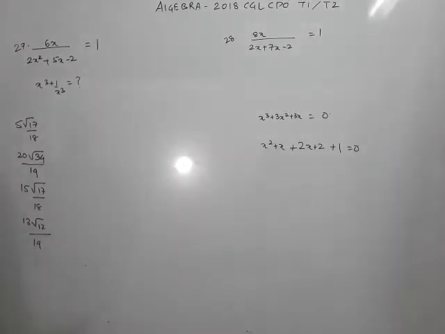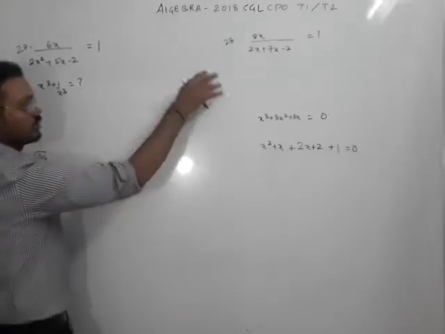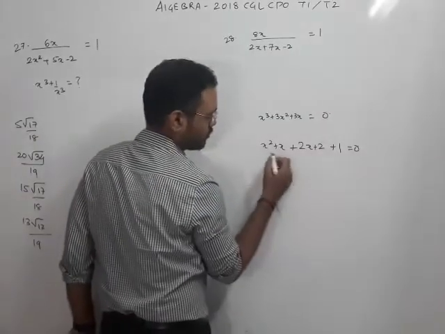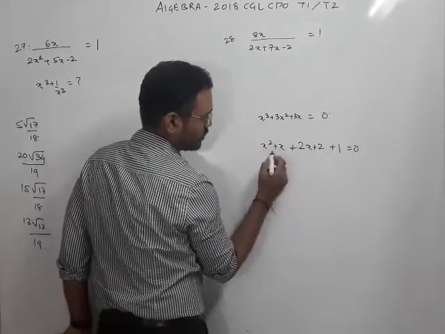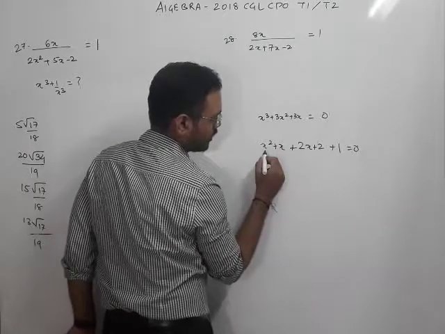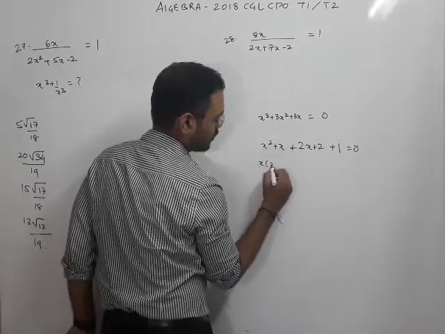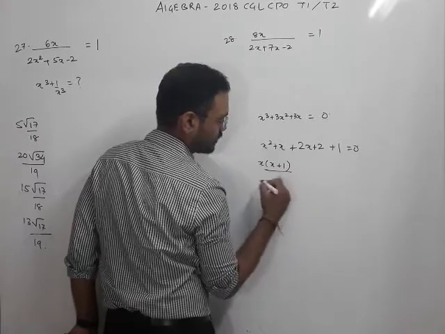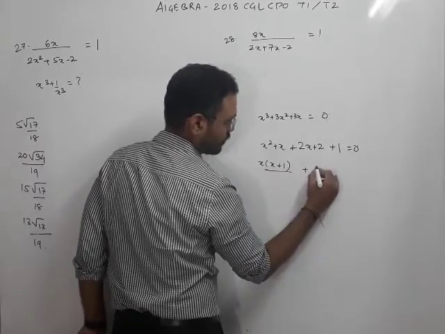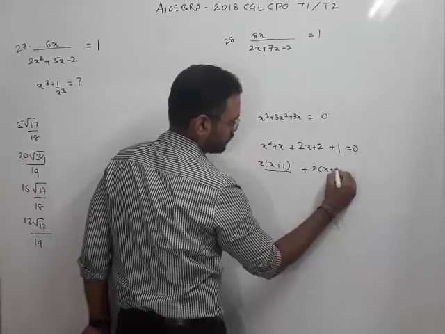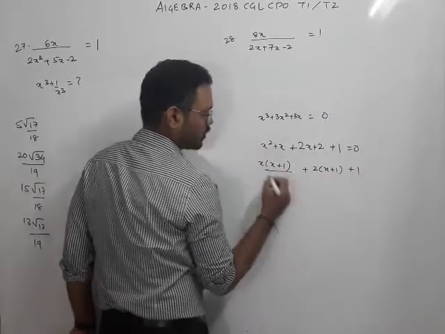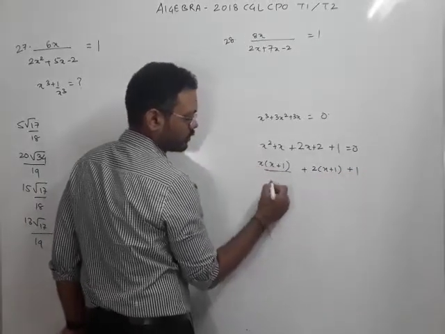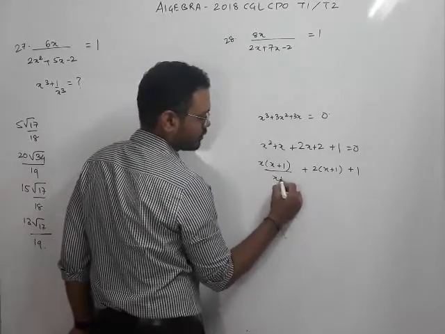Alright, so these are my next two questions. In the previous one, the mistake was that we have to take x common here. I made a mistake of dividing it by x. We have to divide it by x plus 1, instead of dividing by x.